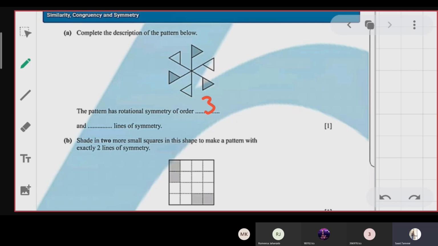So the following shape is having zero line of symmetry or no line of symmetry.